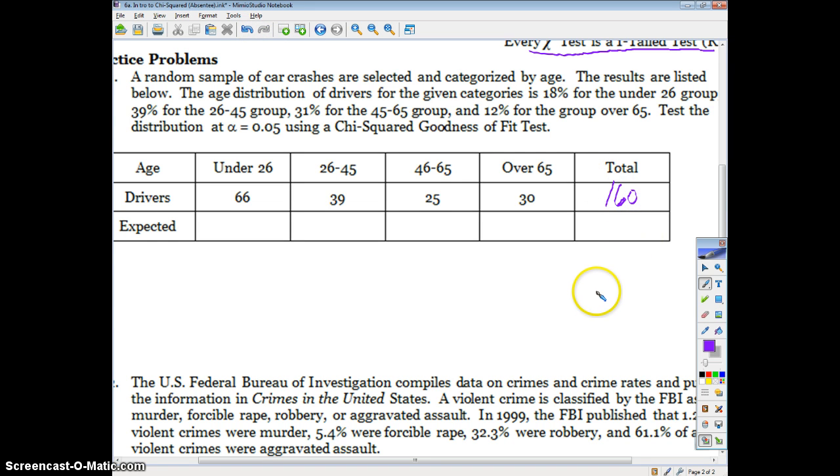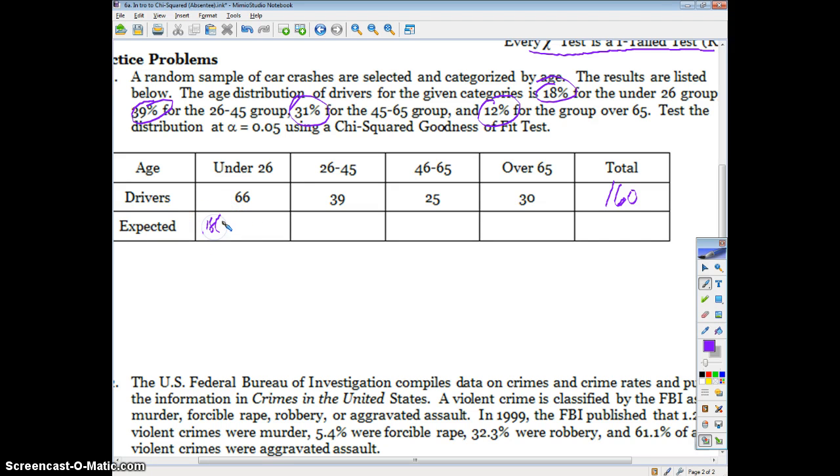160. Now, the distribution of drivers is not the same for all of them. The distribution of drivers has different percentages, which means our expectation is going to be that they are all different.